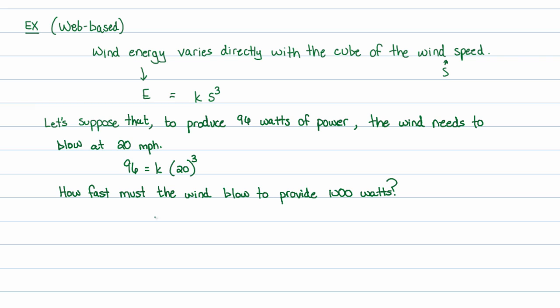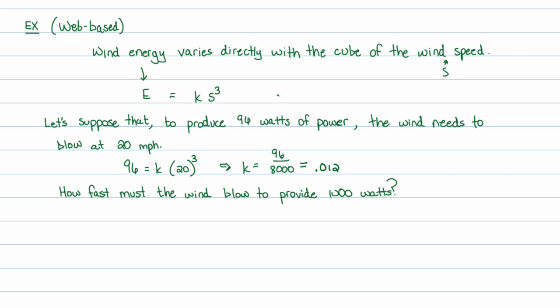And now we can solve for K. This implies that K is equal to 96 over, let's see, I think that's going to be about 8,000, which is equal to 0.012. So I know the constant of proportionality is 0.012.